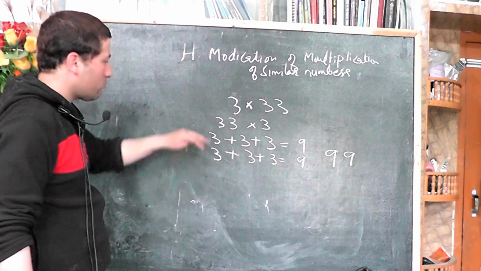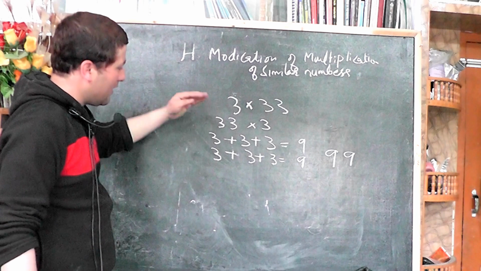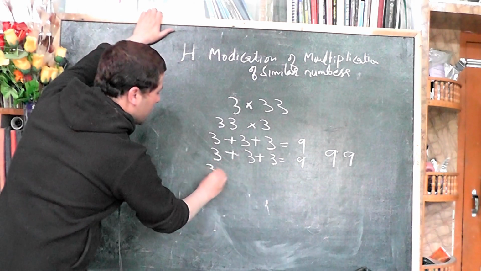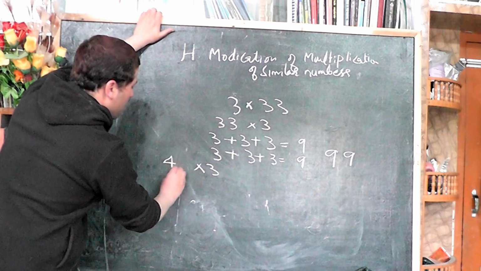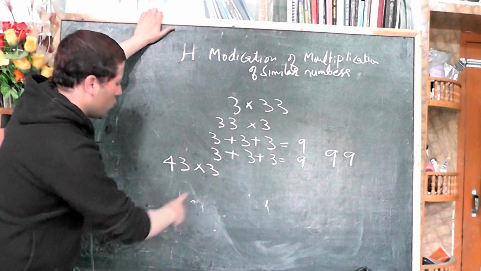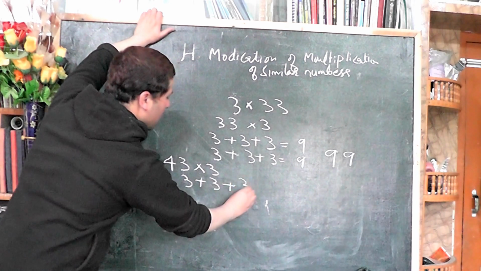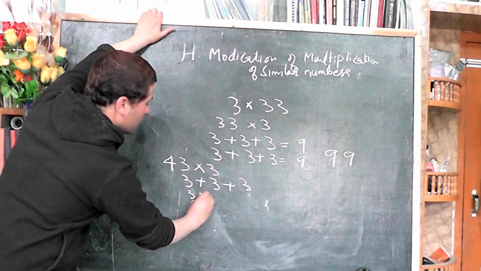Now see, if I take 3 into this, so this 3 is added 3 times, then this 3 is added 4 times.